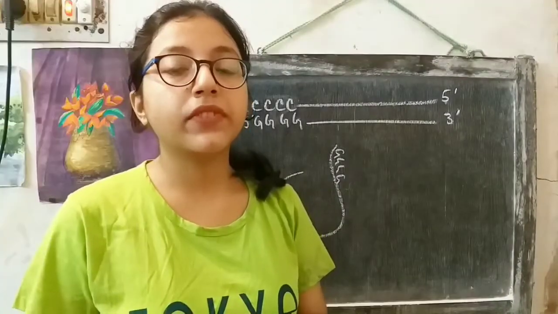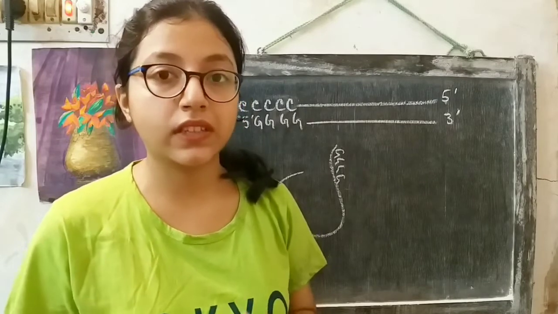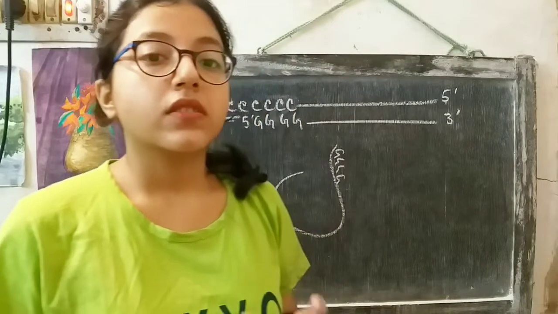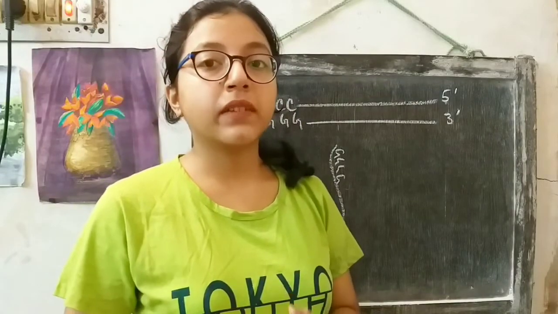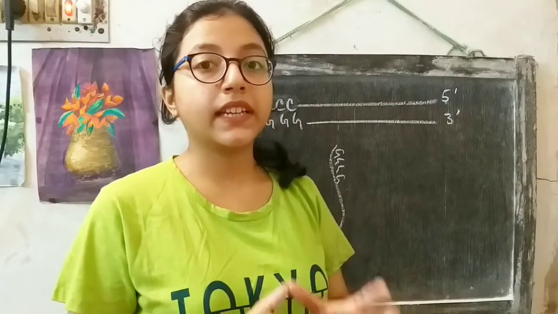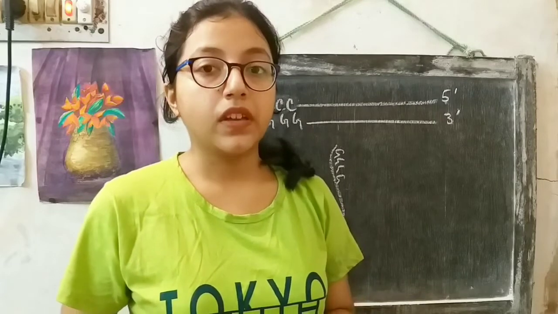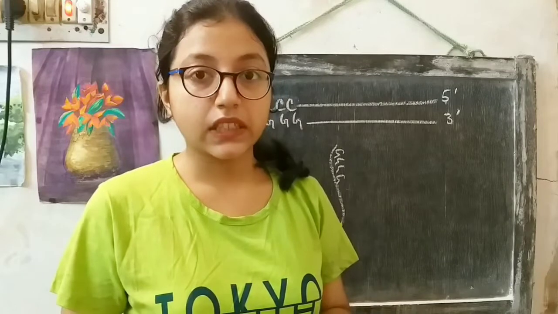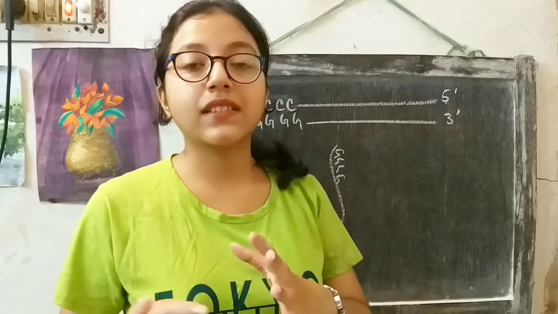So what is the benefit of using the homopolymeric tailing method in this process of cDNA library preparation? This is a question. First of all, this homopolymeric tailing method converts the blunt-ended DNA into a sticky-ended form. Blunt-ended DNA ligation is quite difficult. It is not as easy as sticky-ended ligation.